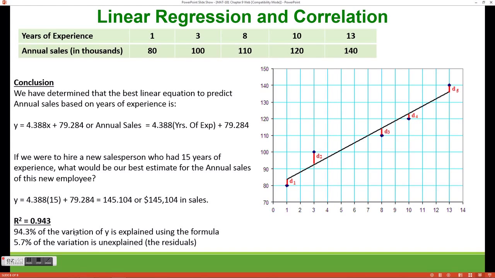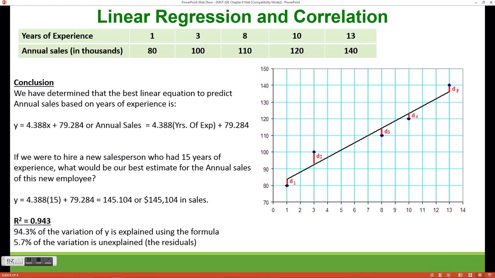The last topic to discuss is something called the coefficient of determination. This is different than the coefficient of correlation. The coefficient of determination is the value r squared. To get that value, you would simply need to square the r value we calculated previously, which was 0.971.